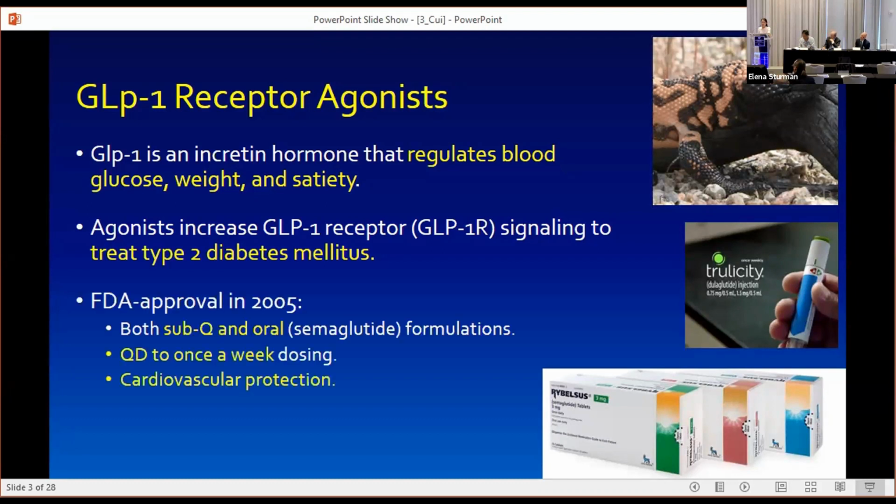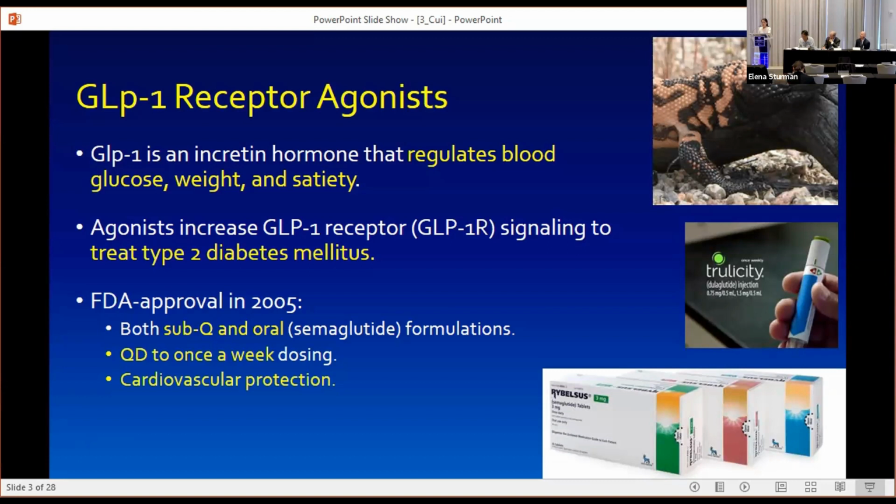GLP-1 receptor agonists were first approved by the FDA in 2005, and they have rapidly become a very popular second-line agent for treating type 2 diabetes for a variety of reasons. First of all, both sub-Q and oral formulations are available, and dosing is relatively infrequent compared to other diabetic medications.